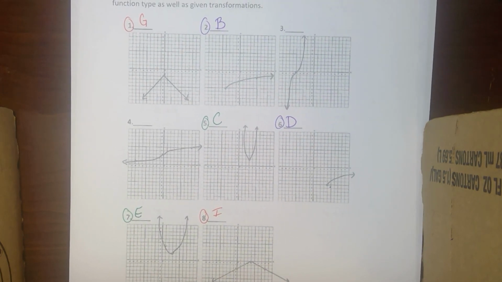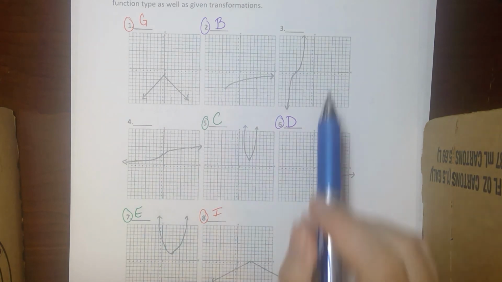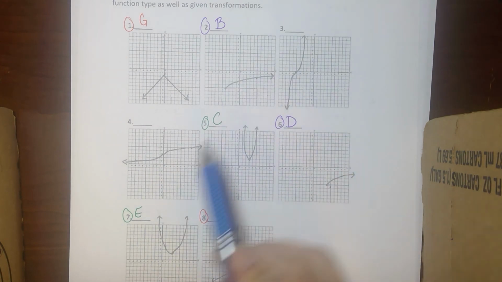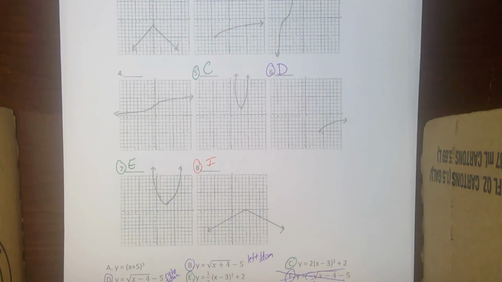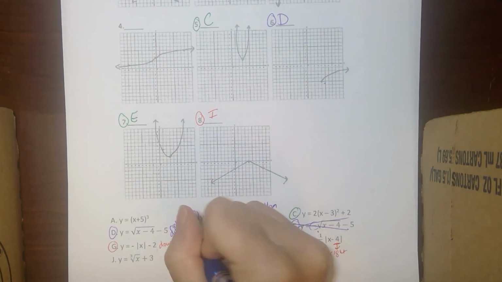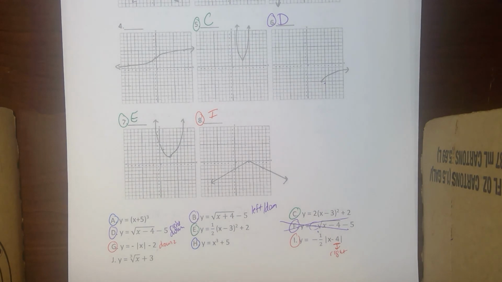All right, almost done. We still need to answer 3 and 4. 3 is a cubic function. 4 is a cube root function. Let's look at our cubic function first, number 3. When I go look at my list of equations, I have 2 possible options for a cubic function.